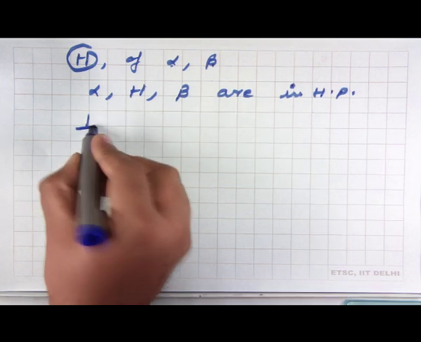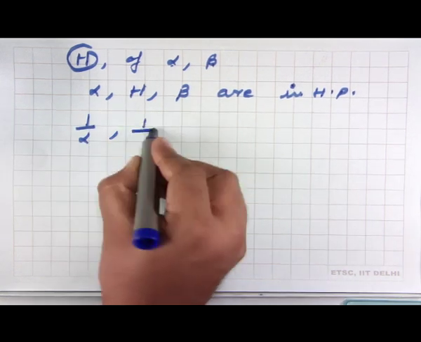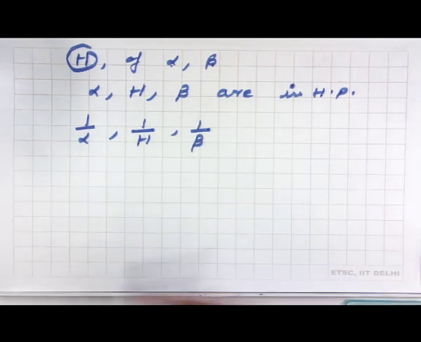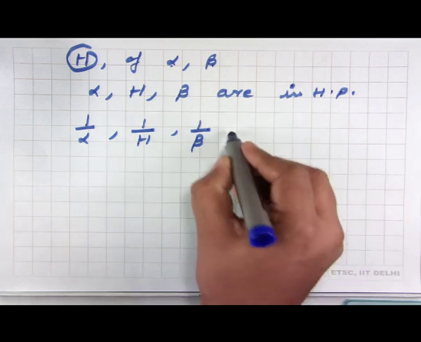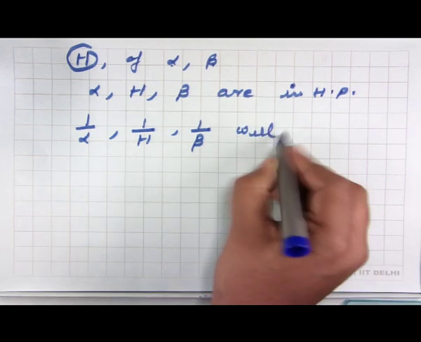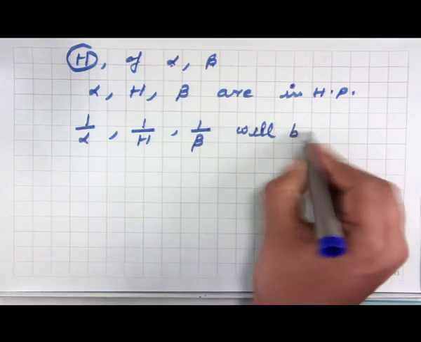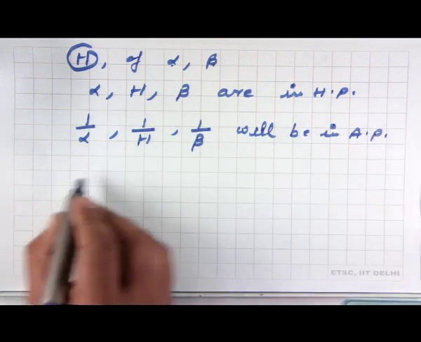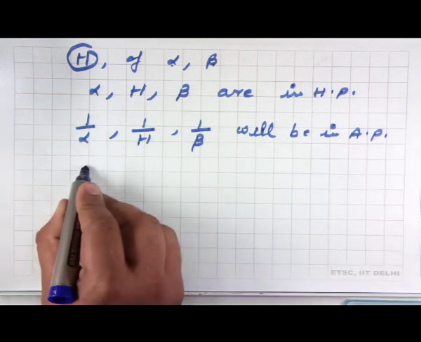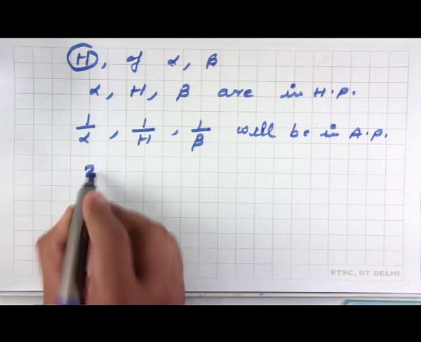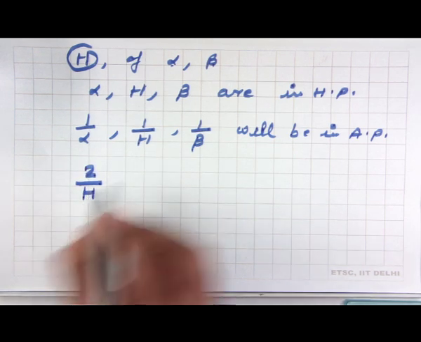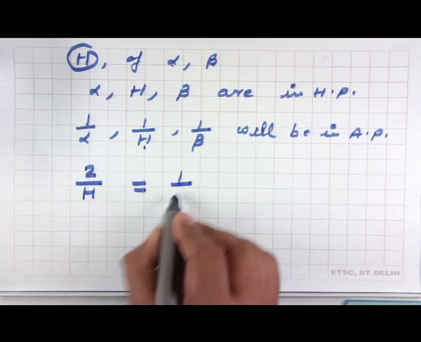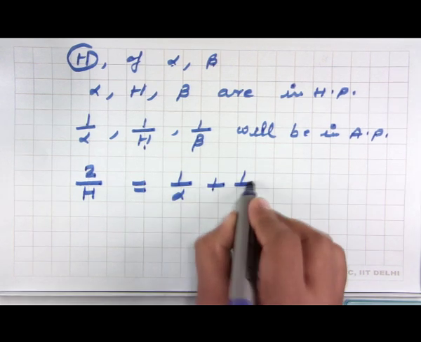Now you know that 1/α, 1/H and 1/β, the reciprocals of the numbers, will be in AP. From the result of AP, twice the middle number, twice of 1/H, equals 1/α + 1/β.